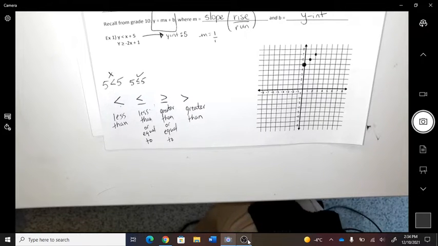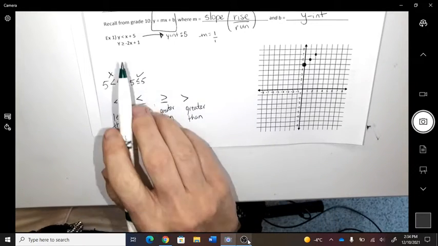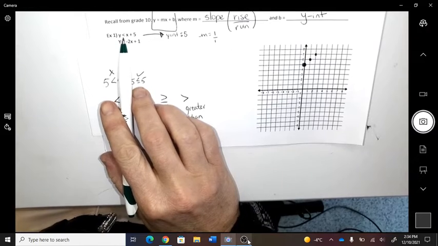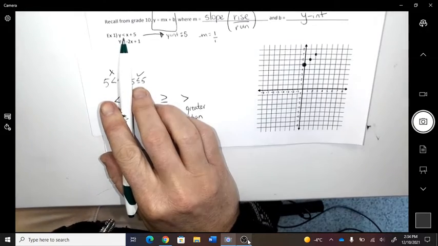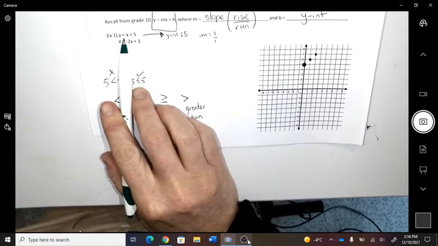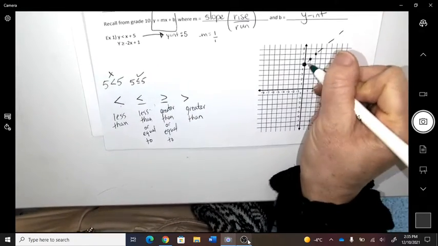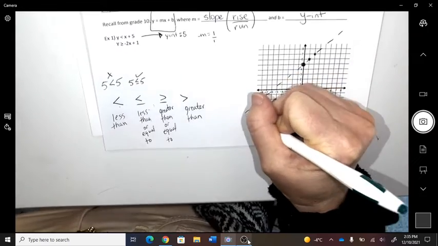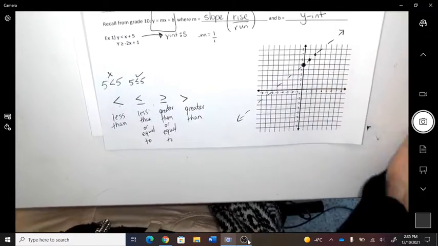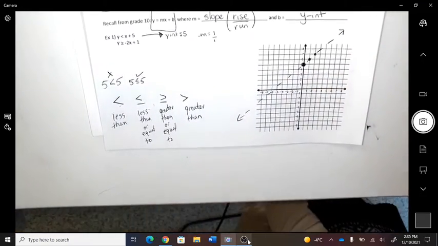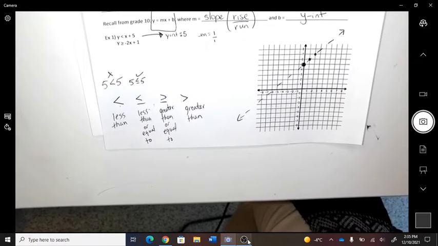Okay, here's my question. Looking at this inequality symbol, am I allowed to be equal to this line? No. So I'm going to draw a dashed line because I am not allowed to be on that line.